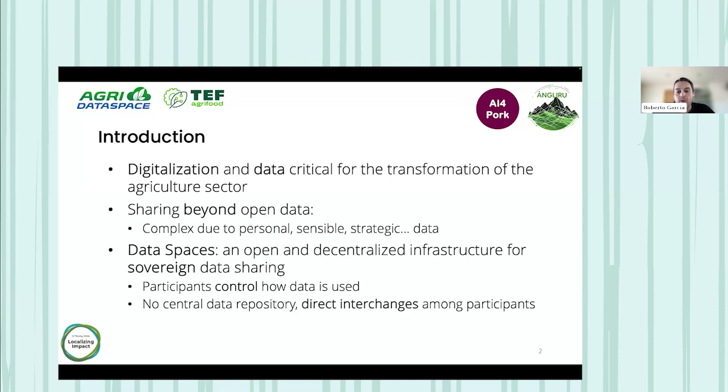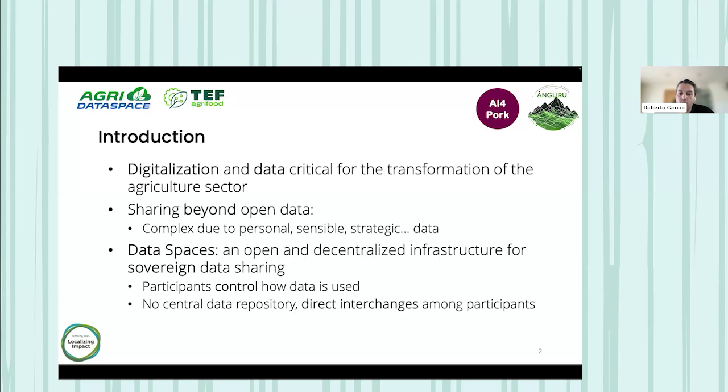What we are working on right now is sharing beyond open data. We have a lot of open data related to agriculture. We recently did an article reviewing open data in agriculture, and we have seen that there is quite a good amount of data, especially satellite data, Earth observation data.